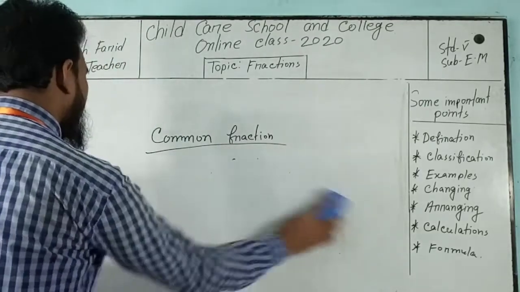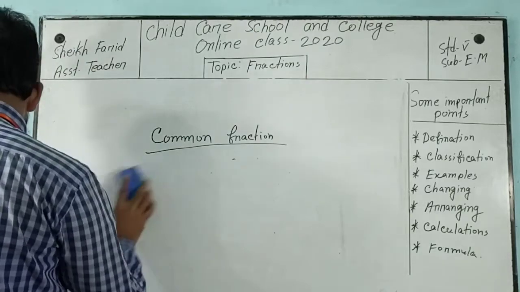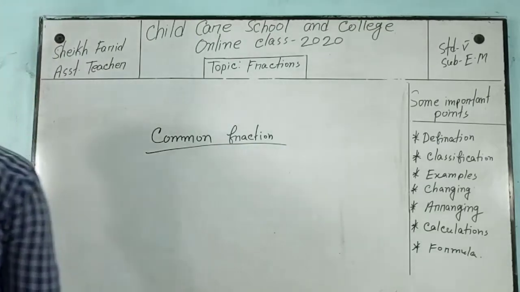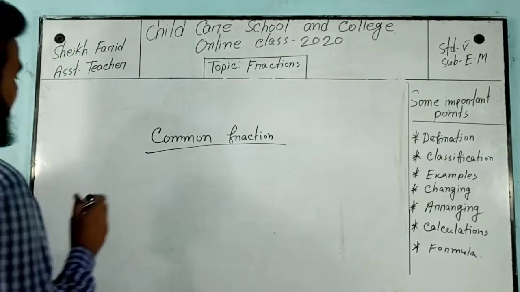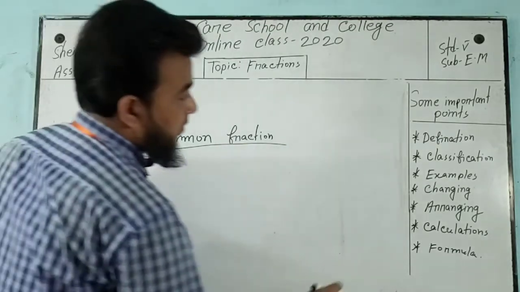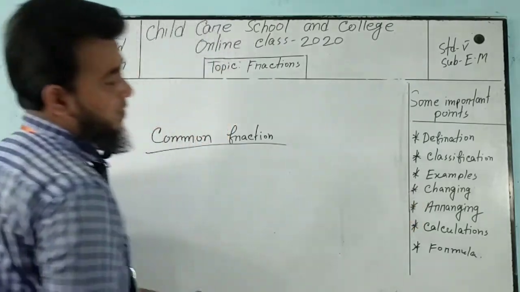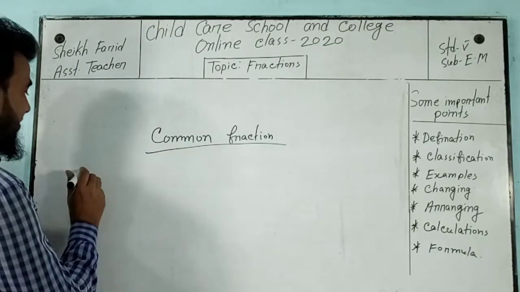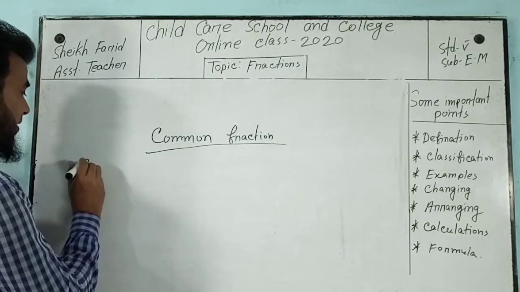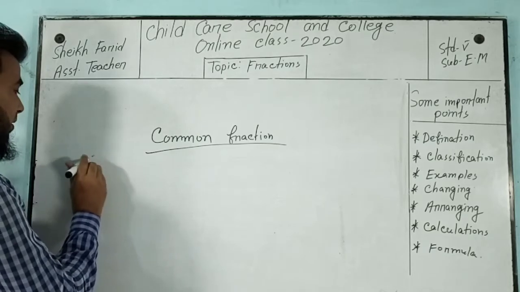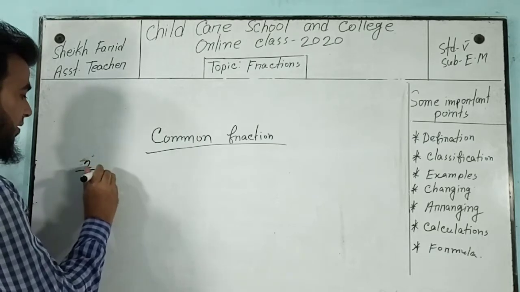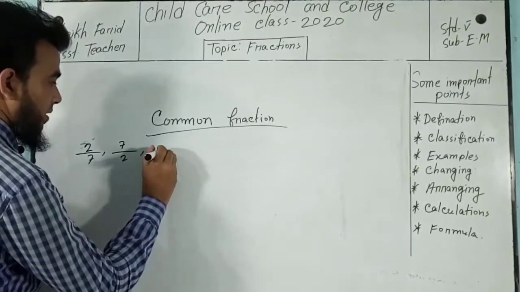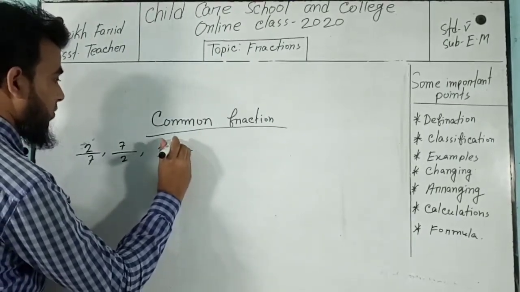Okay, now we can discuss another thing, and that is changing fractions. Suppose we already know this is 2 by 7 or 7 by 2, or suppose this integer 3 integer 2 by 7.